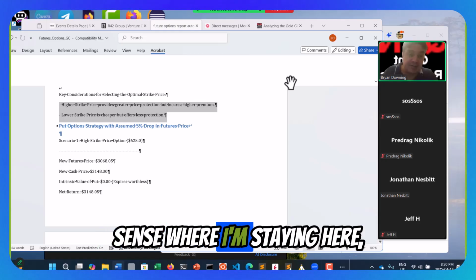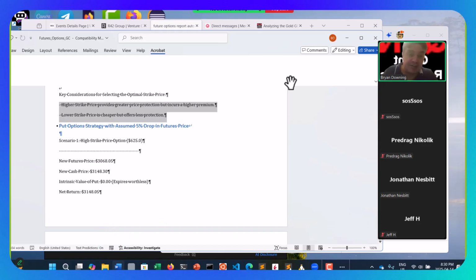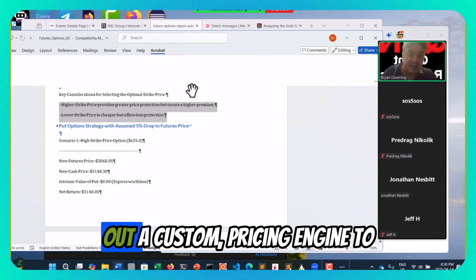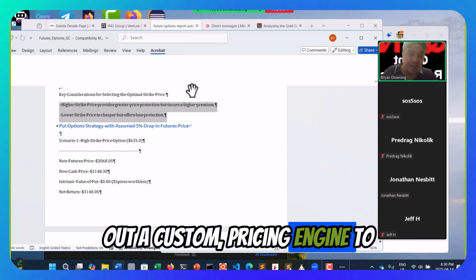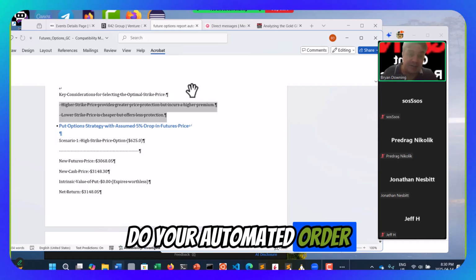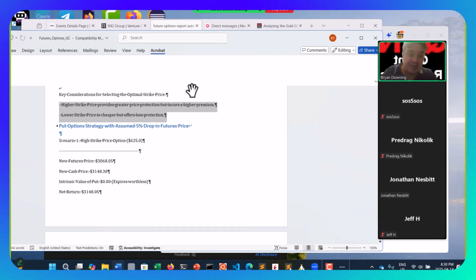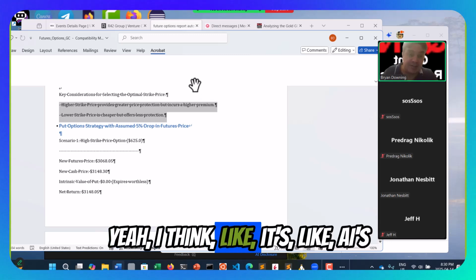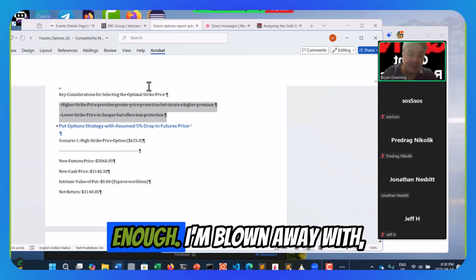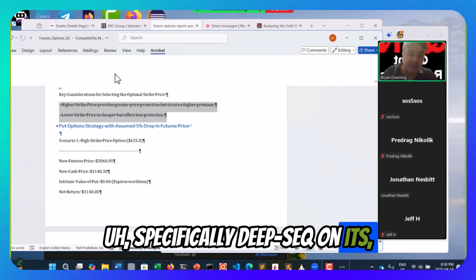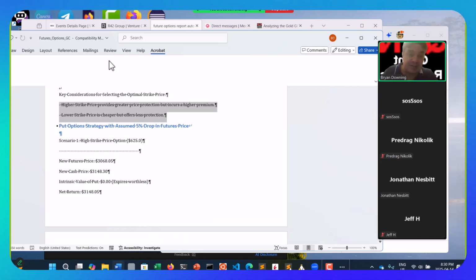Am I making sense? Yeah, it's an analysis engine so far, and the trading aspect comes a little bit later. Exactly. What I'm saying is you'll be coming to a point where you'll be able to build out a custom pricing engine to do your automated orders specific for that strategy, for that instrument. Make sense? Yep. AI is getting that sophisticated now. I'm blown away with DeepSeek specifically, on its capabilities.